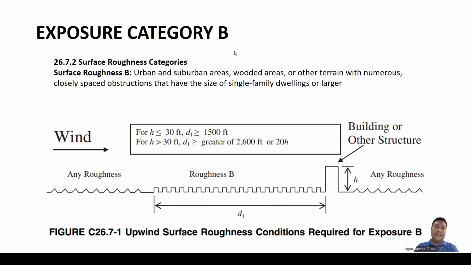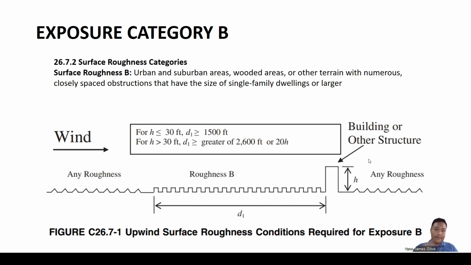This is simplified by both ASCE 7-16 and NSCP 2015, in which the basis of NSCP 2015 is the ASCE 7. So this is from figure C26.7-1 in the commentary, in chapter 26 of the commentary.